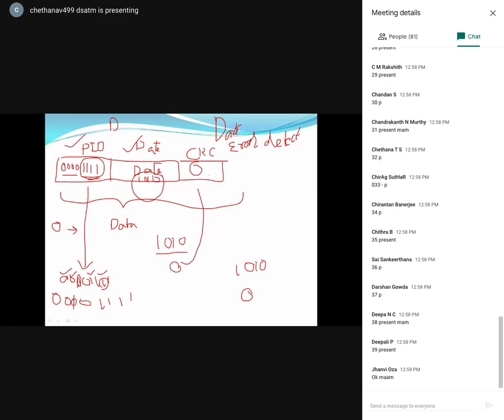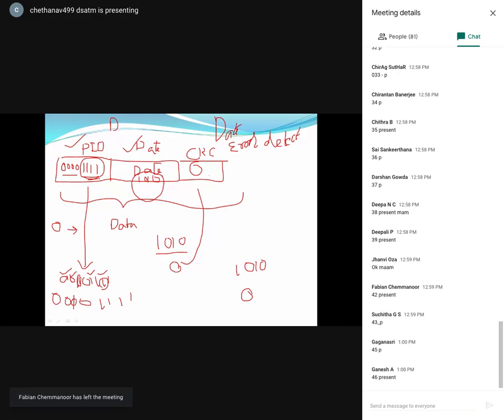Shri Harshu absent. Fabian. Ma'am, 41 present. 42 present. 43. 44 present. 45. 46. Ganesh.